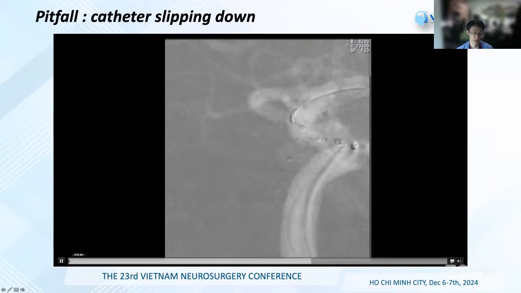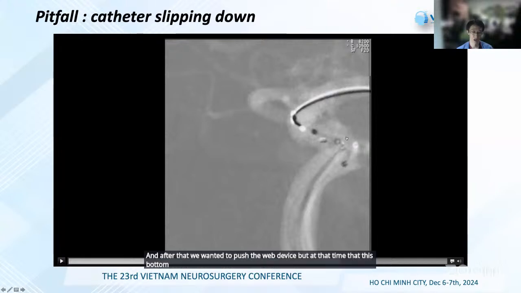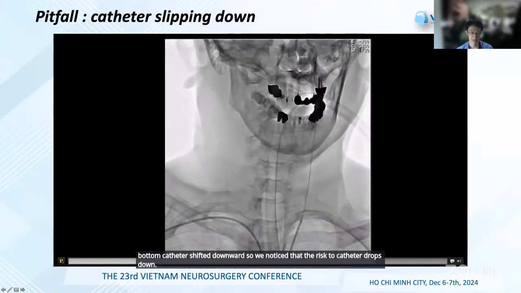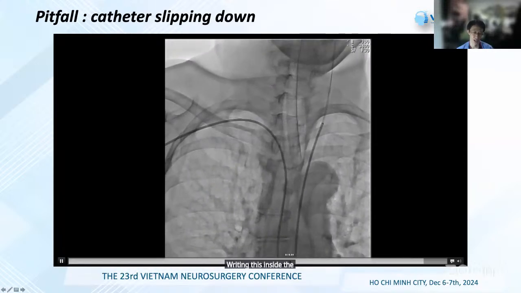After that, we wanted to push the WEB device, but at that time this balloon catheter shifted downward, so we noticed that the Wrist catheter dropped down like this inside the aortic arch.